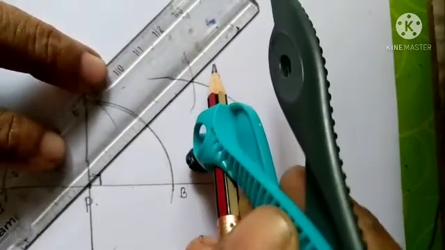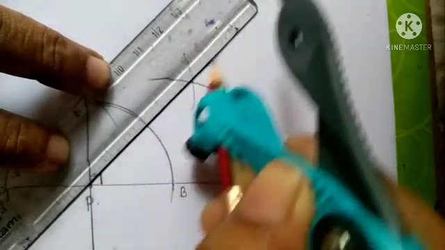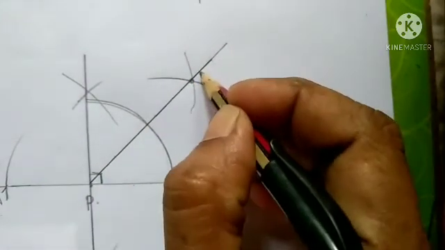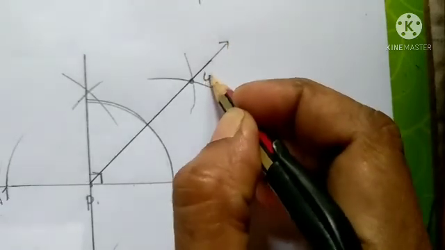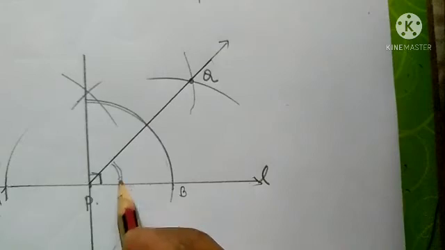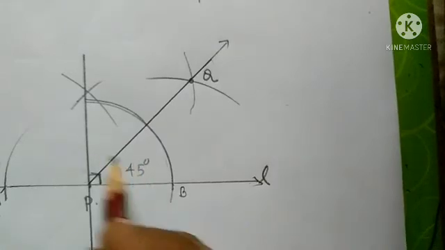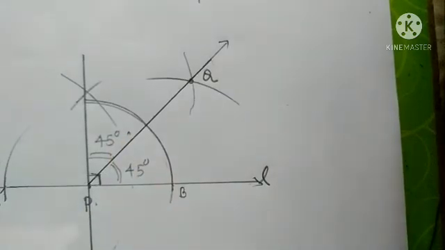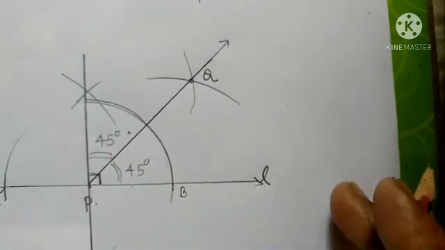Then join this meeting point to P. Then this line PQ will be the bisector. That means these two angles, this one is 45 degree and this one is also 45 degree.